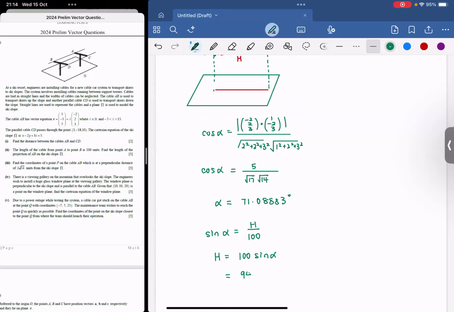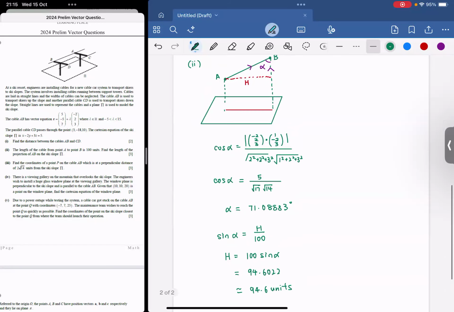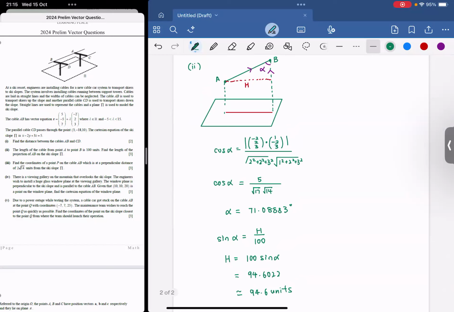So that is 94.6022, which will be 94.6 units. Any questions? If they want the exact value, then how? From here, you need to draw your triangle.